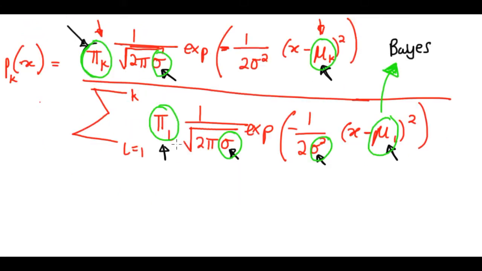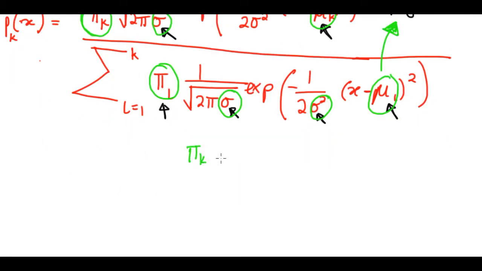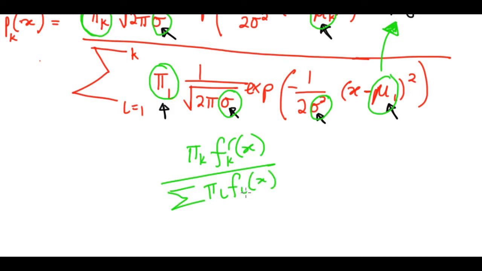Remember that formula, pi k f k over the summation of pi l f l x. This formula is going to give us our probability estimate, right?